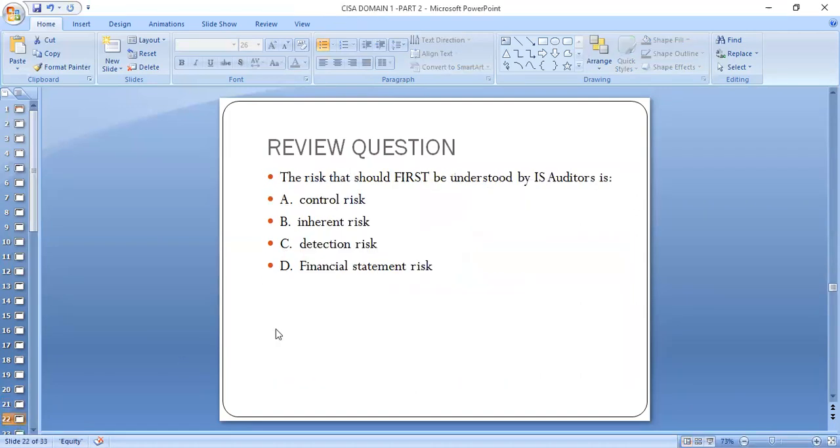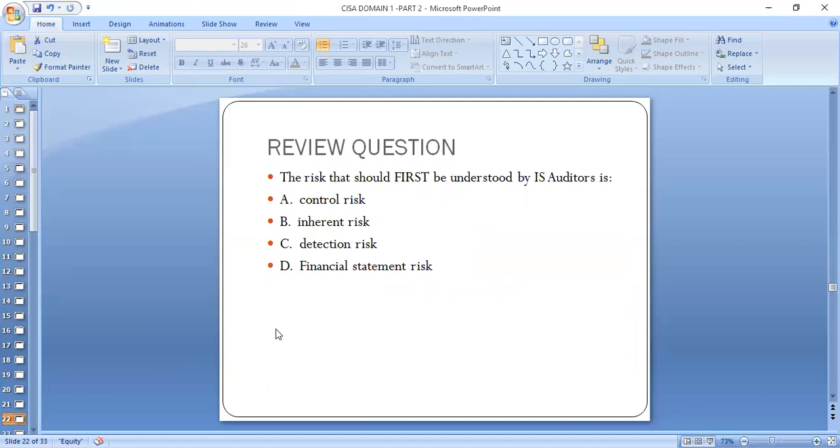Okay, the risk that should first be understood by auditors is A, control risk, B, inherent risk, C, detection risk, D, financial statement risk. Which one should you understand first? The answer is inherent risk. That's the first risk you should understand. That is the risk that comes with the organization you are auditing.